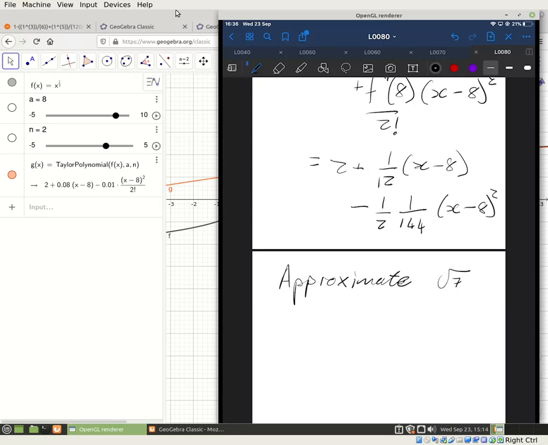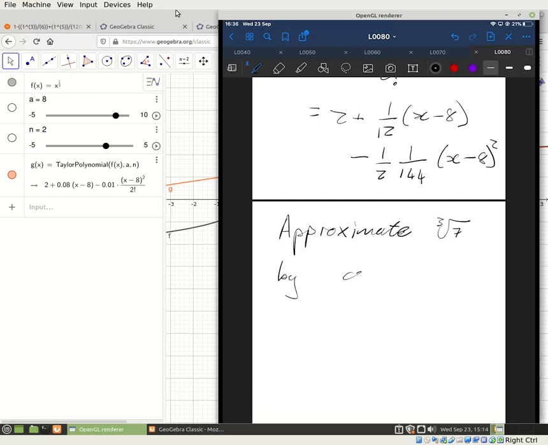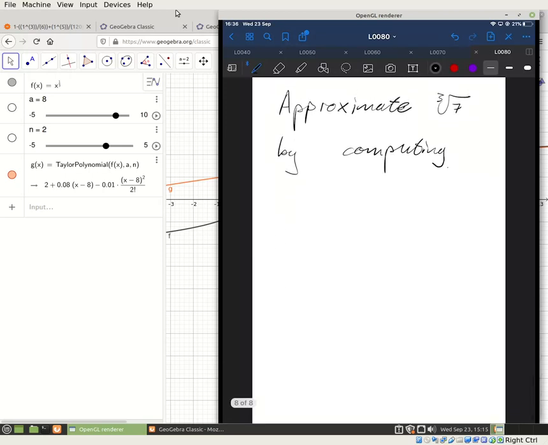We can approximate the cube root of 7 now by computing the value of the second Taylor polynomial at 7. So you just plug in 7 everywhere.